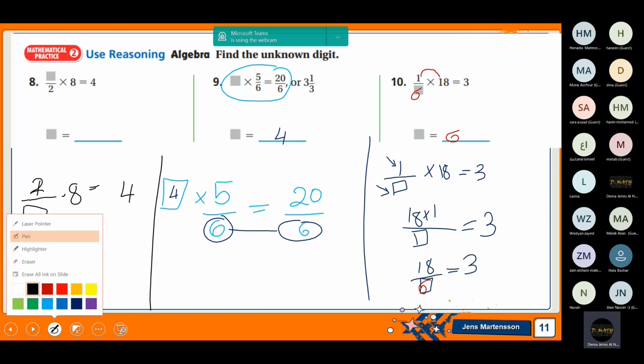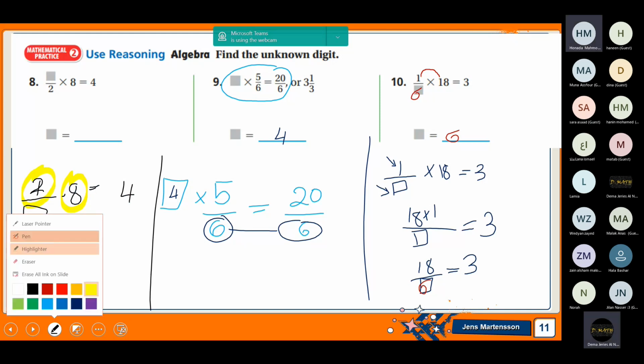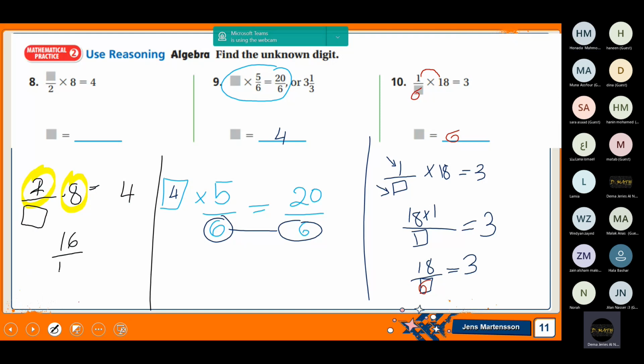You will say, 8 multiplied by 2 is what? 16. 16 divided by something gives me 4. What's the number that I will divide 16 by to give you 4? 4. So the unknown number is 4. First we multiply, then see.